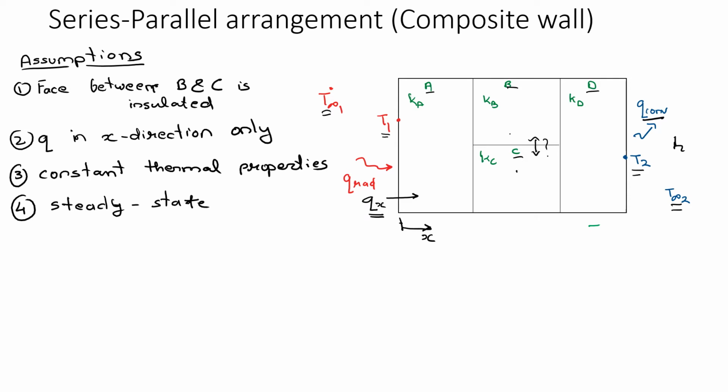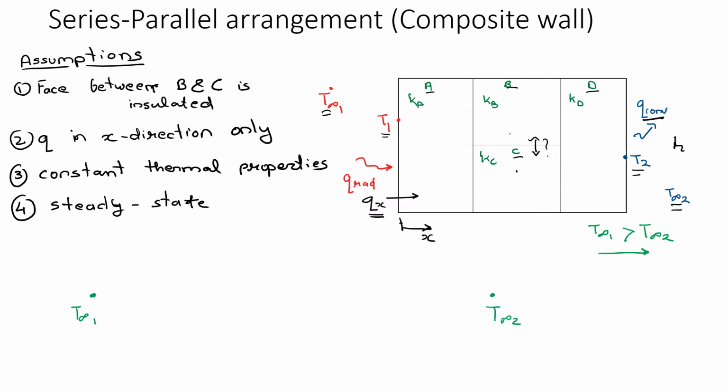Let's assume, because the heat is flowing in the positive x direction, this means that T infinity 1 is greater than T infinity 2, and the heat is flowing from hot to cold, right? So let's say this is T infinity 1, and this is T infinity 2.